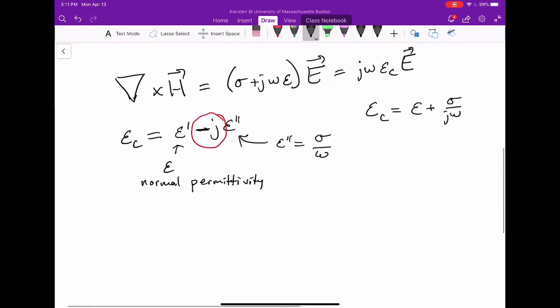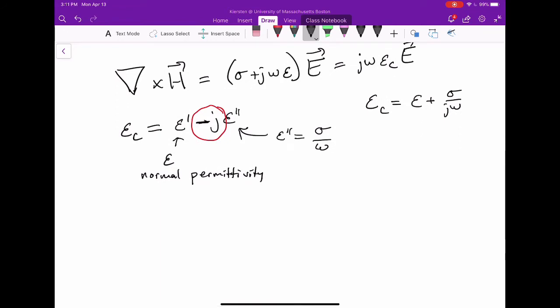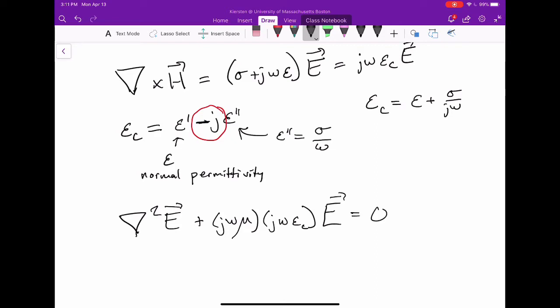Now, if we put that back into our wave equation, we're going to get Laplacian of E plus j omega mu, that part comes from Faraday's law, times j omega epsilon c, which comes from Ampere's law, times E, is 0.